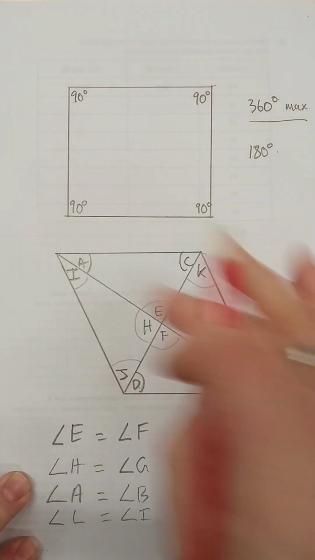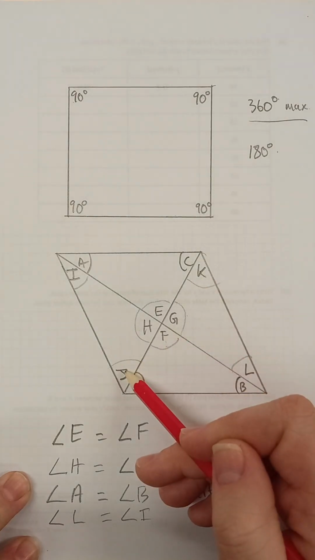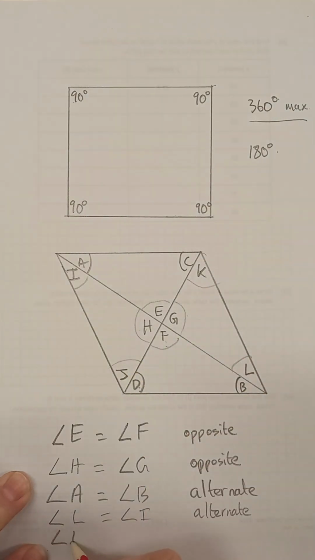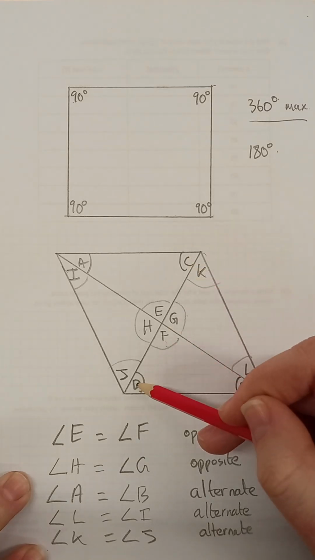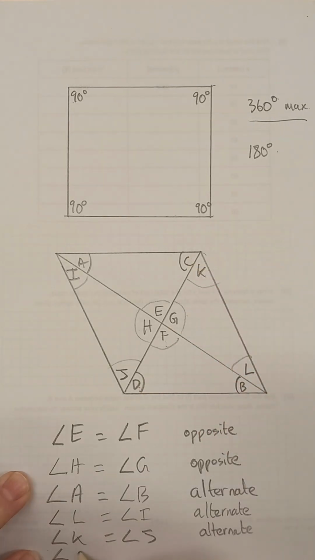And let's look at the other side. K must be alternate to J. Alternate. And C must be alternate to D. Alternate. I think that's them all gotten.